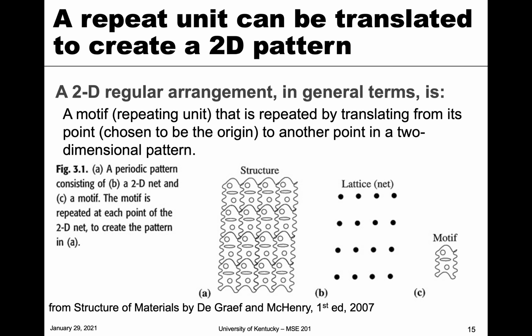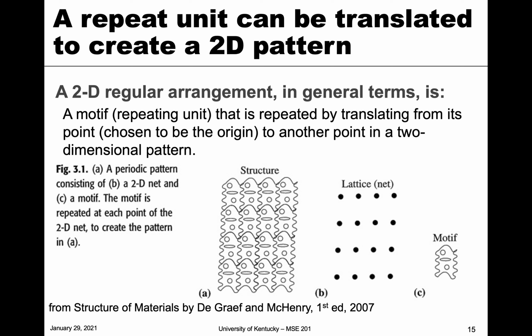All right. So looking at these two-dimensional regular arrangements, we can think about these by looking at what we call a repeat unit, or sometimes referred to as a motif.